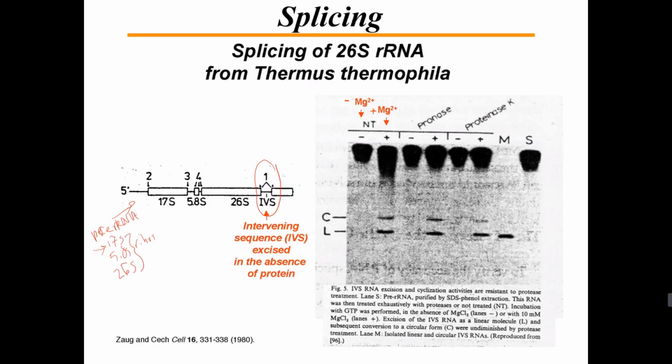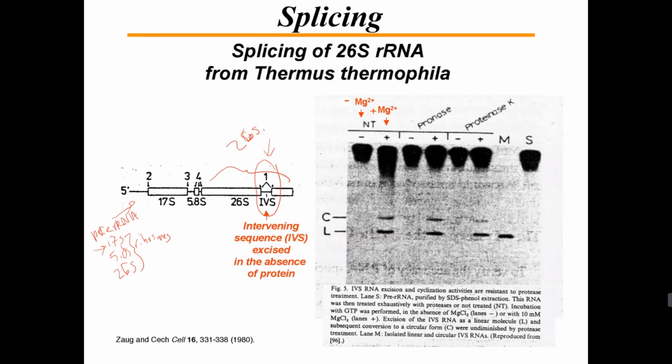And remember, we talked about how all of these components are typically generated in a single pre-rRNA strand, so that one copy of each is created to help form the ribosome to carry out translation. So there was a particular IVS, or intervening sequence, or intron, that had to be removed to generate the full-length 26S transcript that's essential for the ribosome.